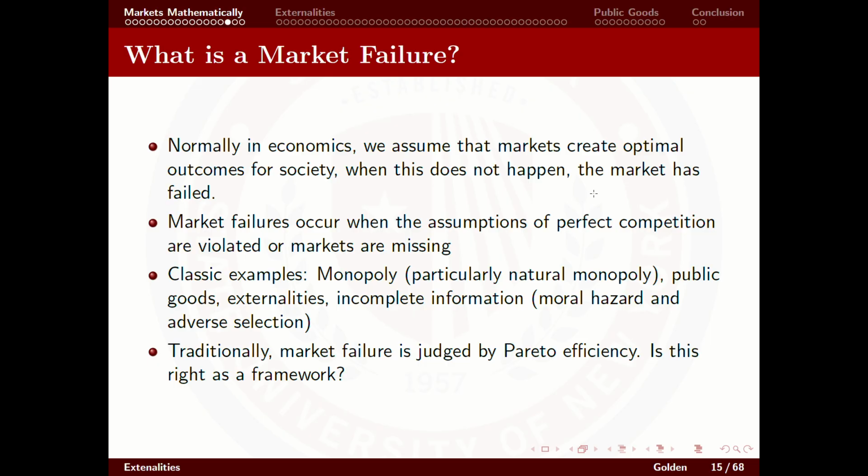Is this the right framework? Pareto efficiency says if one guy has all the money and everyone else has nothing, and you can make that one guy slightly worse off and make everyone else significantly better off, if it decreases overall wealth and overall surplus, that's not a good idea.